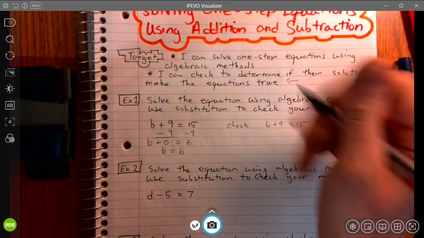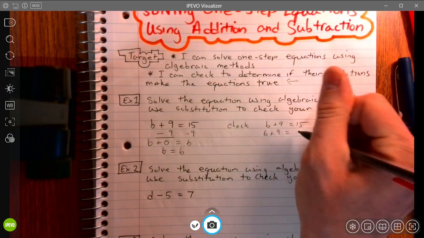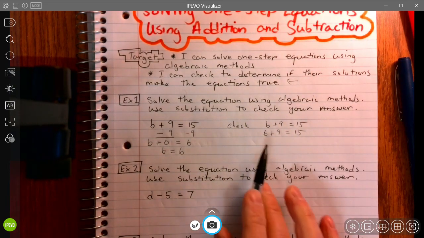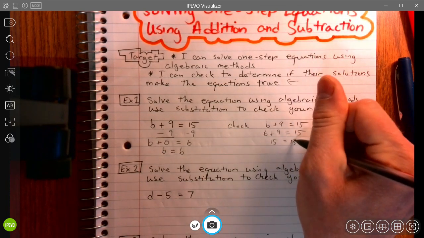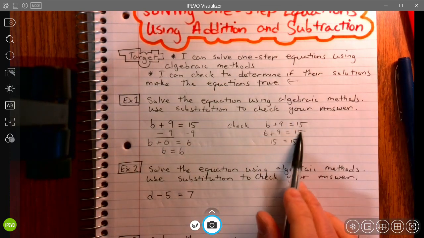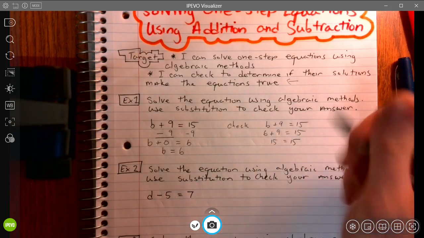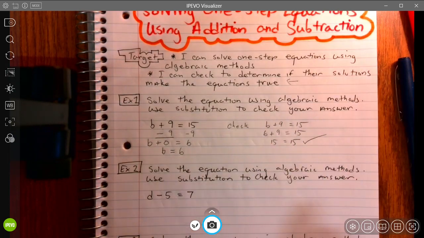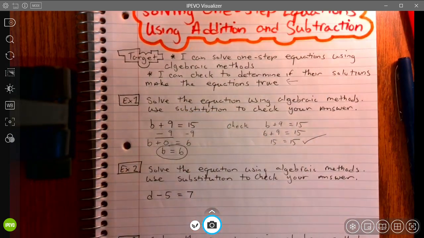So instead of b, I'm going to write down 6. And 6 plus 9 is 15. Copy down the equal sign, copy down the 15 because there's no operation. Is 15 equal to 15? It sure is. So I know my answer is definitely b equals 6.